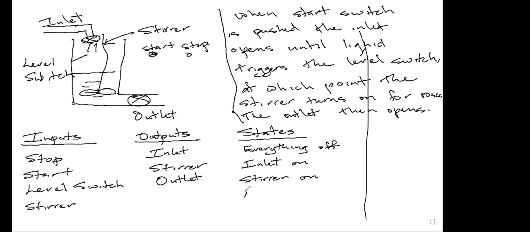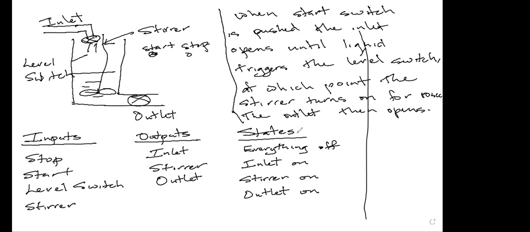And the outlet on is another state. So we can just look at the things that are activated in the system, and then we can say the state of the system based on what is on and off.